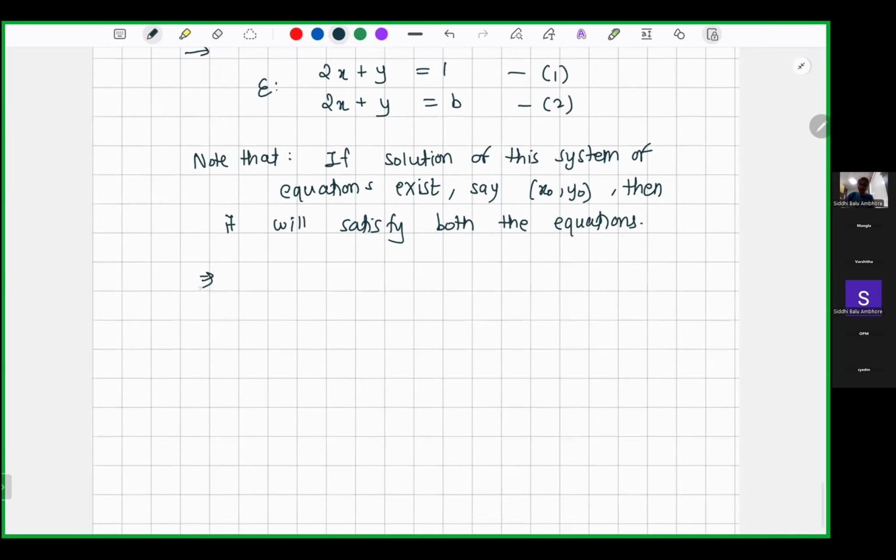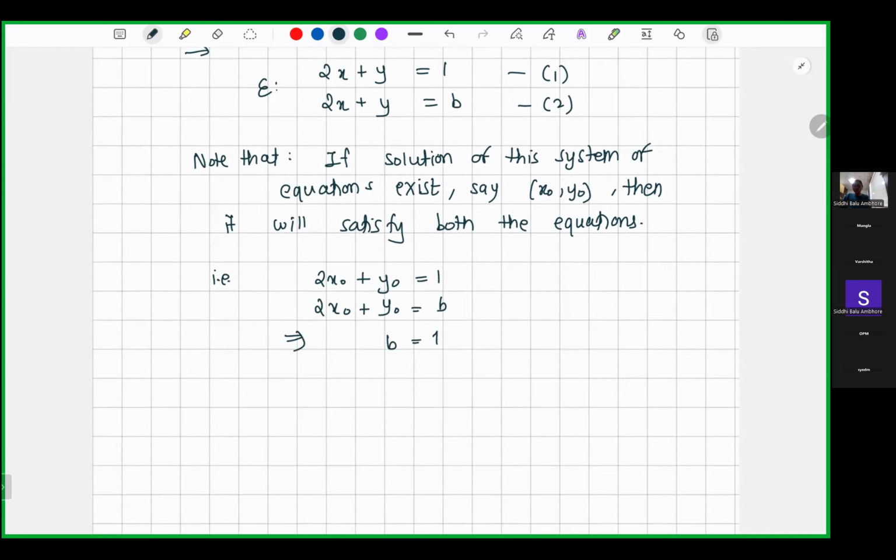So I have 2x naught plus y naught equals 1 and 2x naught plus y naught equals b. So this will imply what? That b needs to be 1 when the solution exists.